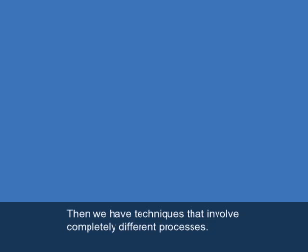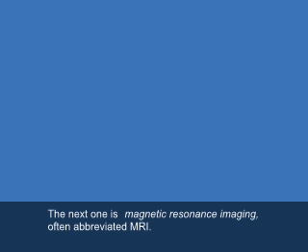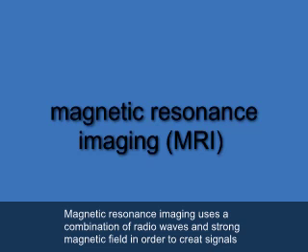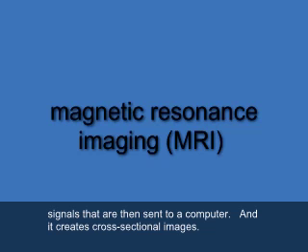And then we have techniques that involve completely different processes. The next one is magnetic resonance imaging, often abbreviated MRI. Magnetic resonance imaging uses a combination of radio waves and a strong magnetic field to create signals that are then sent to a computer, and it creates cross-sectional images.